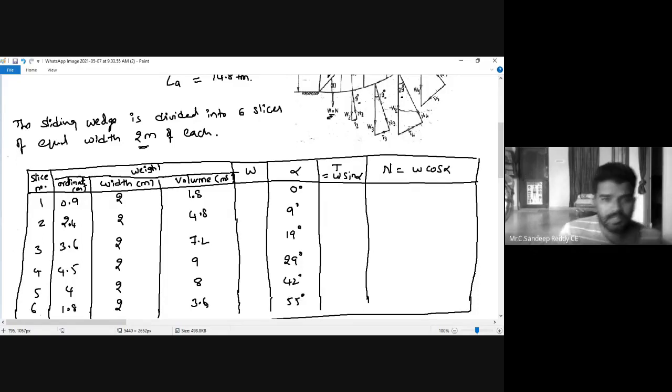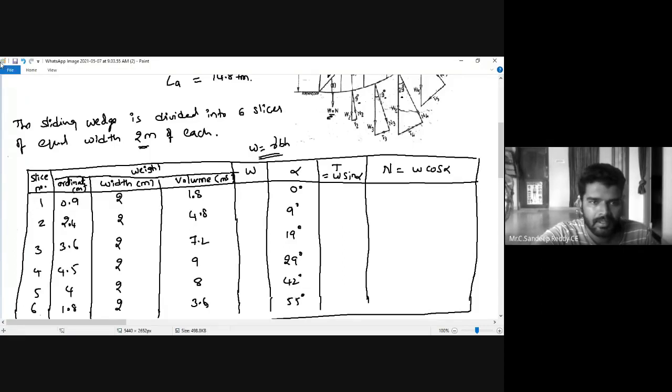Now, how do we calculate the weight here? If you have the weight value of each slice, then only you can calculate the tangential force T and the normal force N. Why? Because it is a formula with psi, W and alpha. We know alpha, given in the problem, but the W you have to calculate. To calculate W, W is equal to gamma into B into H. What is gamma in the problem?